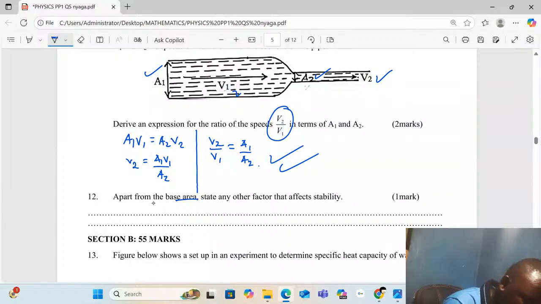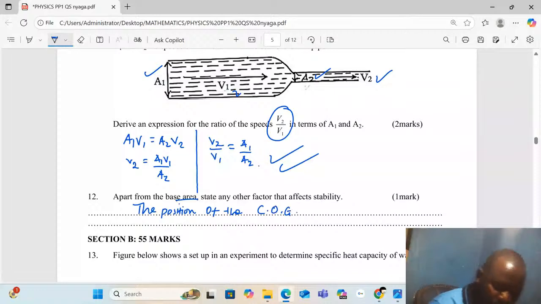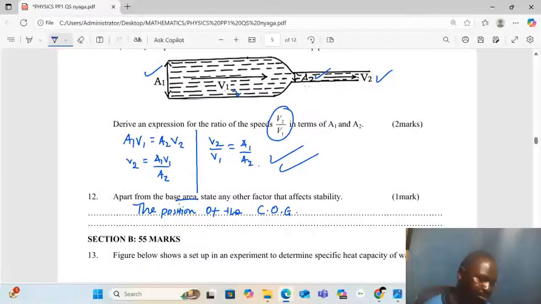So we can talk of the position of the center of gravity. Don't just say center of gravity, but you need to be specific. The lower the center of gravity, the higher the stability; the higher the center of gravity, the lower the stability.